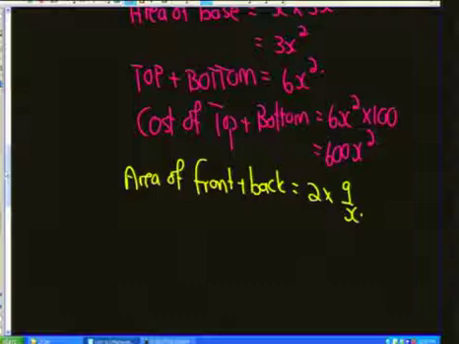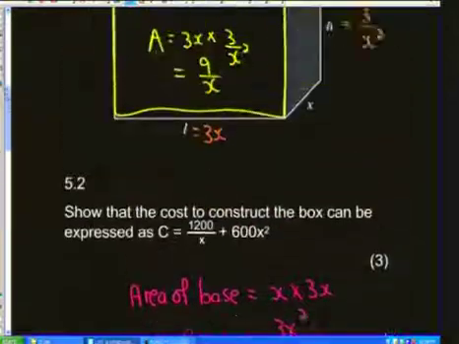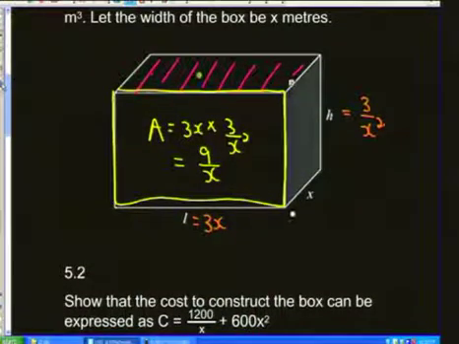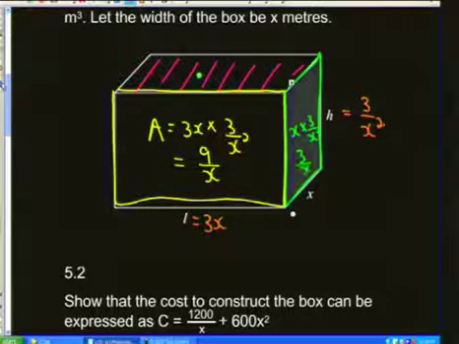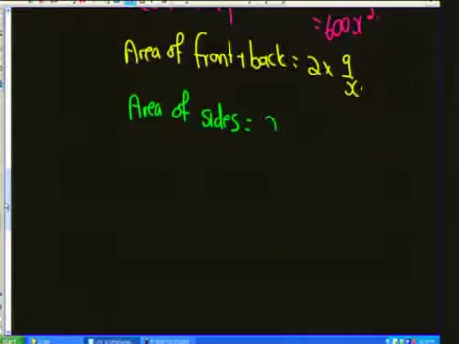And the area, let's change color again, of the sides would be, and let's go back to that, in the drawing. The drawing is very useful. It helps you to focus in with what you need to know. Is going to be x times 3 over x squared, which is going to be 3 over x, and there are 2 of them, so 2 lots of 3 over x.